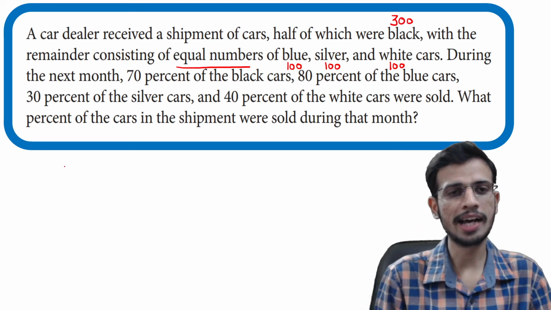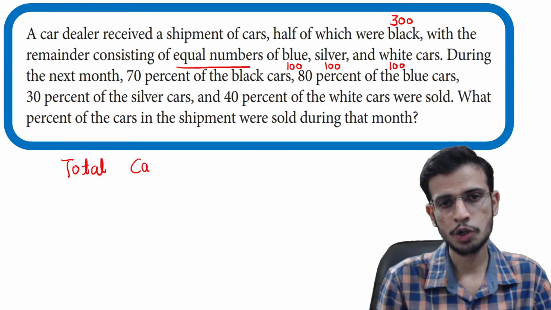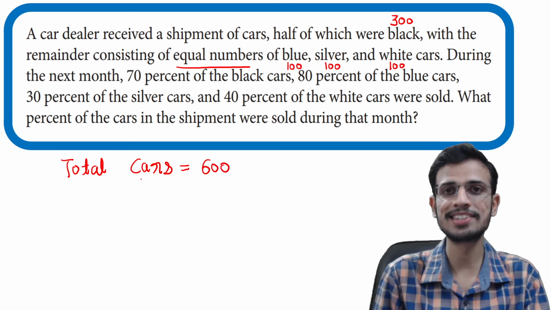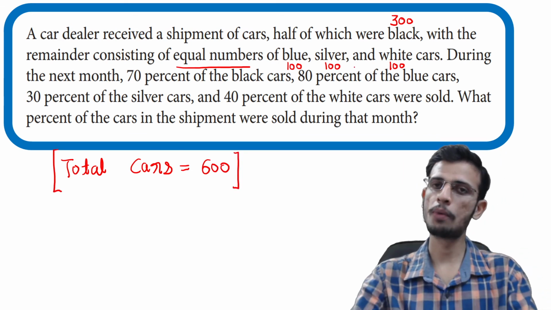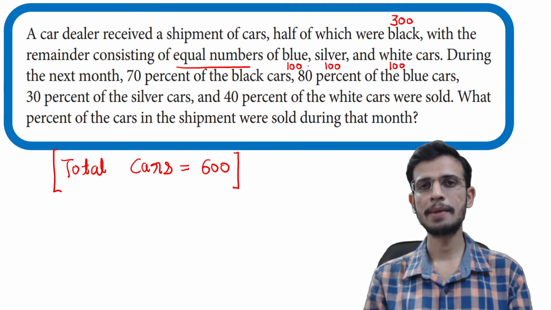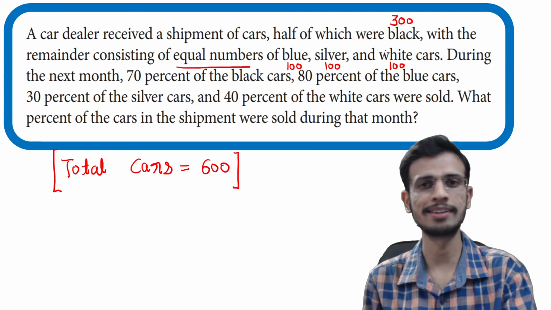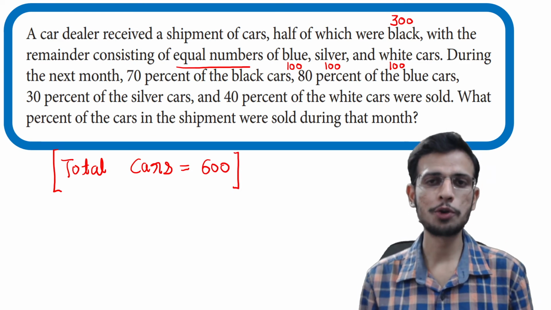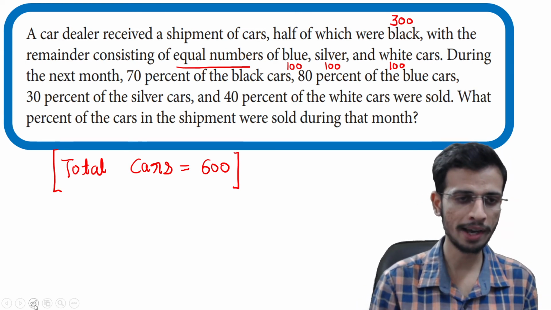So we can say total cars will become, if you assume, total cars is equal to 600, right? You can assume this 600. So 300 cars will be of black color, and remaining 100, 100 and 100 cars will be of blue, silver and white colors respectively. Okay, so now we have to find cars sold.